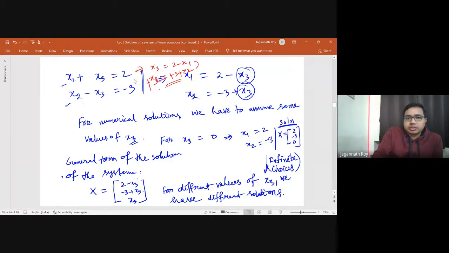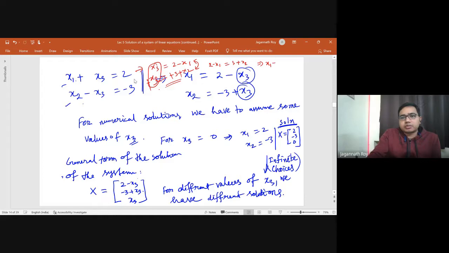So you will make these two equal, since this is x3 and this is also x3. This will give you the relation between x1 and x2: 2 minus x1 equals 3 plus x2. So that means you are getting another equation. Ultimately, you are not getting the solution.